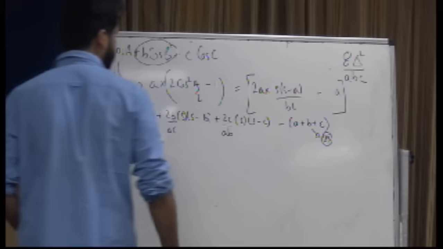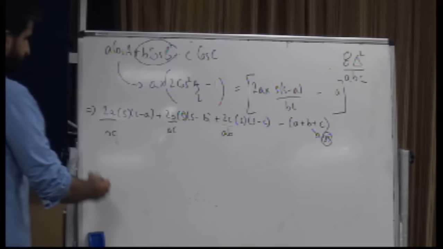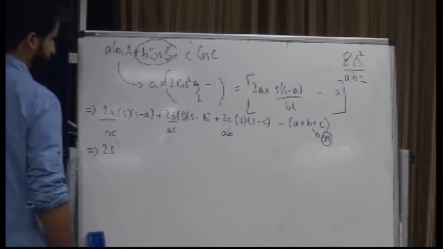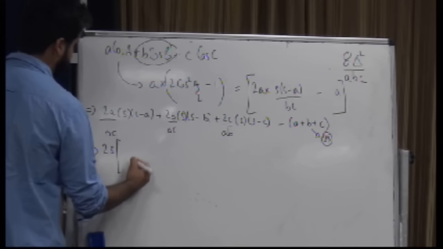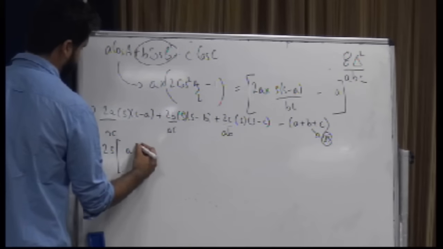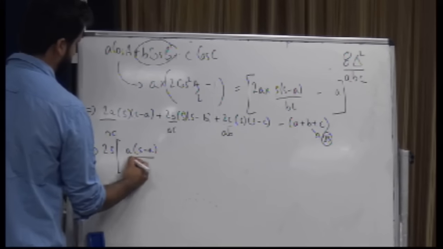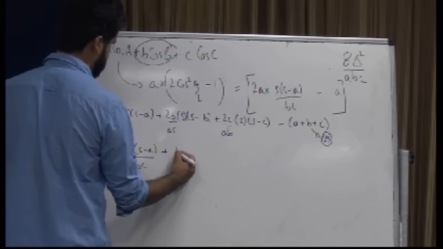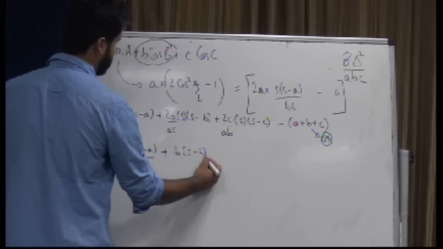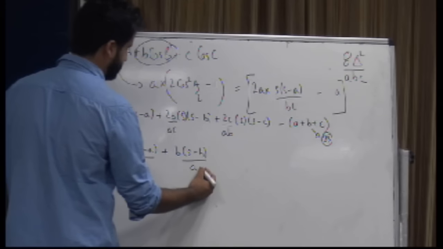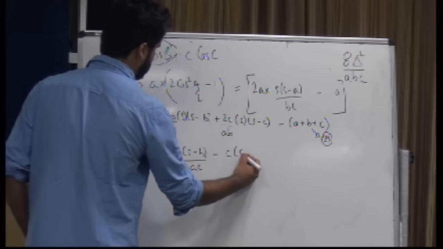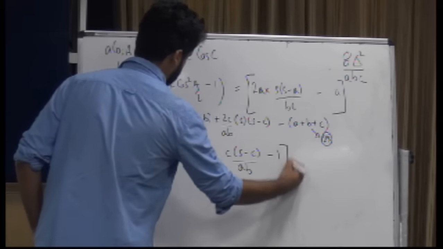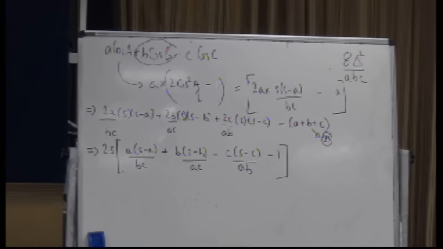So therefore I take 2 times S common from everywhere. I get A into S minus A upon BC plus B into S minus B upon AC plus C into S minus C upon AB, right?